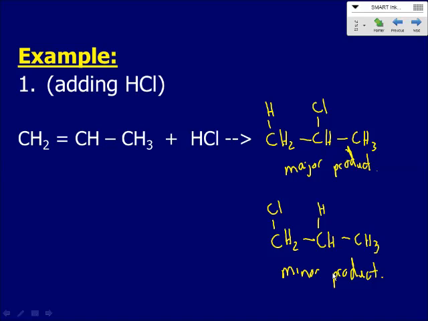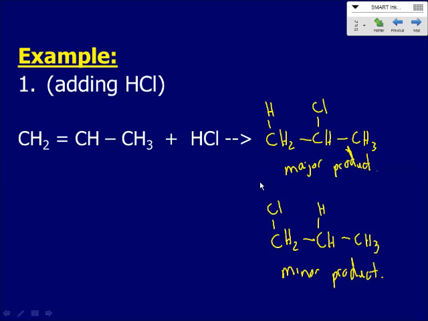But the major product is the one that is formed most predominantly. I don't even think that this is overly major. I think it's something like a 70-30 scenario. 70% the major product, 30% the minor product. And the percentages change depending on what we add.